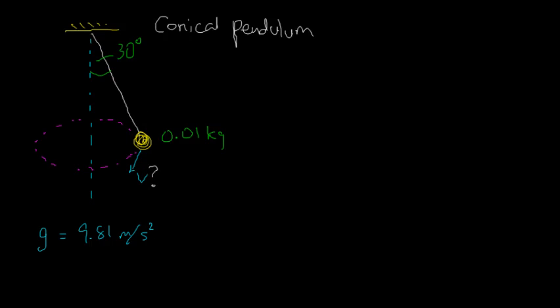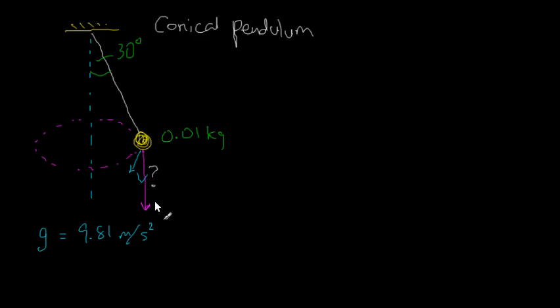In order to do this problem, I need to think about the forces on this pendulum. Now, if we think about the forces, there is the weight, obviously, the weight that pulls downwards. So that's the weight.